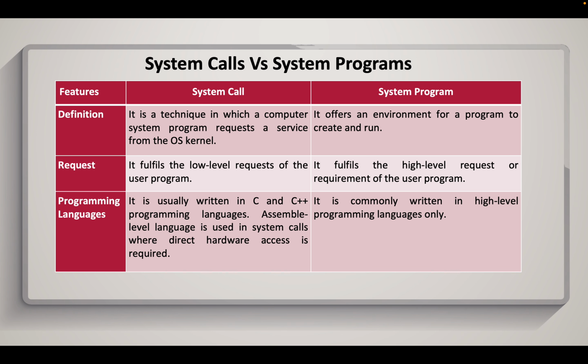System calls require a service from the kernel, whereas a system program offers an environment for the program to create and run. System calls are low level requests, system programs are higher level requests. System calls are usually written in C or C++, whereas system programs can be written in higher level languages.